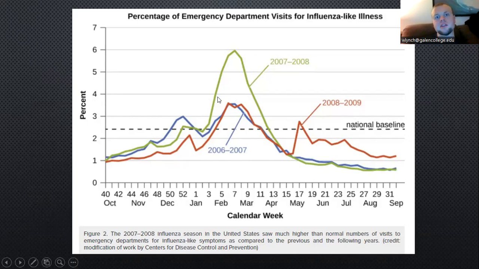However, see that during the 2007-2008 timeframe, during this winter period, there was a large uptick to almost 6% of the population seeing it at any one time. And that would be viewed as an epidemic at that particular time because it has risen so much higher than what it was expected to be at the time. So we had a view of a seasonal epidemic here of influenza-like illness.